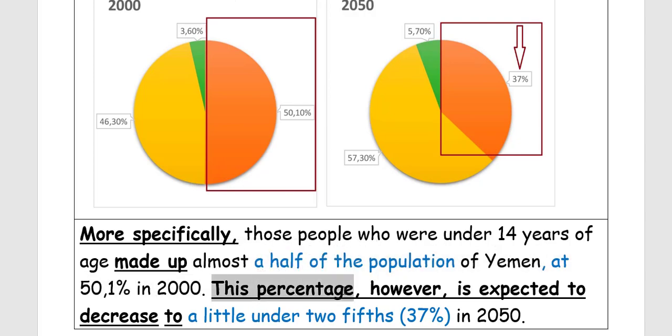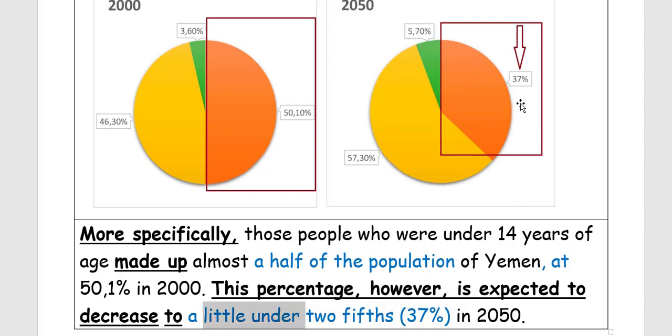And then this percentage, this one that we are describing now, however, which means but, is expected to decrease. Okay, you can see this. Here we have 37, so there's a decrease to a little under.